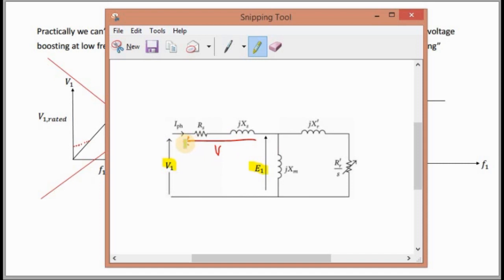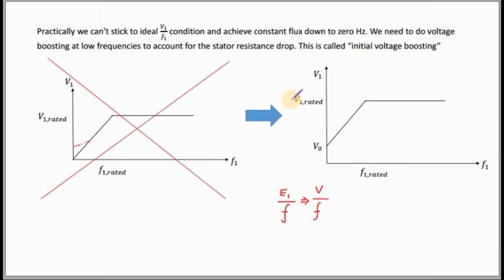But at low frequencies you can't neglect this voltage drop, which is the stator voltage drop. So at low frequencies you can't stick to this V1 divided by F1 ratio.